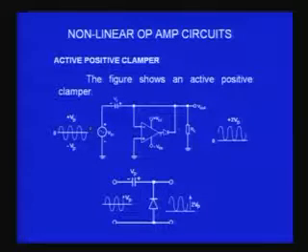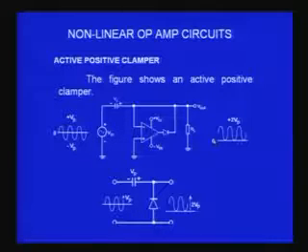Once the capacitor is charged, this diode will become open circuited, and whatever input signal I give, it will be in series with this Vp, and the output therefore will be shifted with reference to DC, average DC, by a value corresponding to Vp. So the whole output signal will become clamped at the positive side.